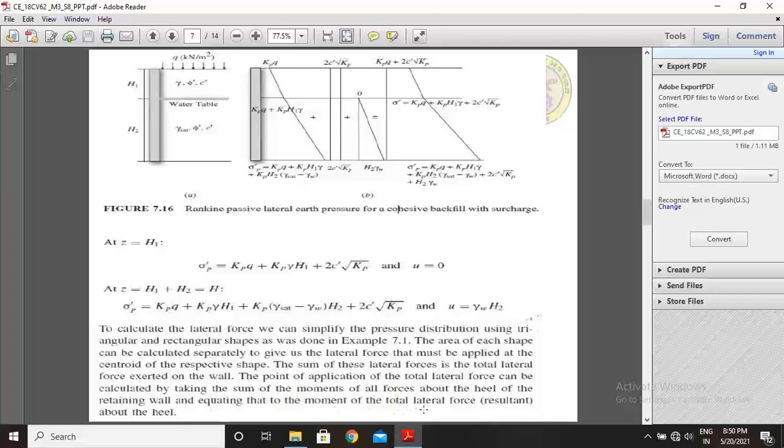The point of application of the total lateral force can be calculated by taking the sum of the moments of all the forces about the heel of the retaining wall and equating that to the moment of the total lateral force about the heel. So we get the distance y. This is the concept for calculating the passive earth pressure distribution of a given retaining wall with different heights, surcharge load and different water tables.